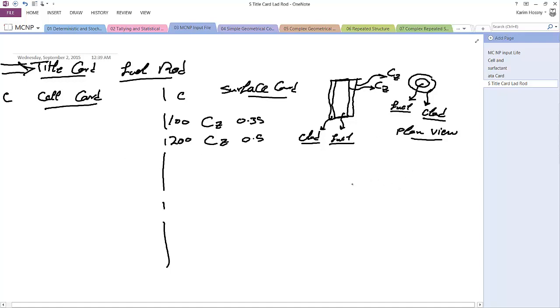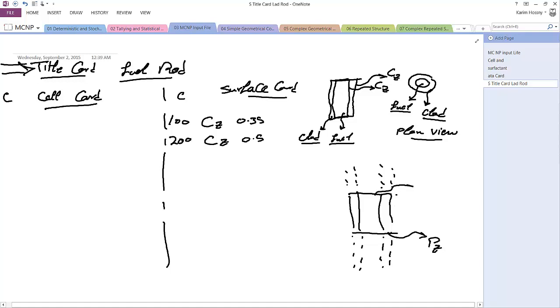Okay, now what I've done is that I have drawn two infinitely long cylinders. Then I need to close them like that, maybe with a plane perpendicular to the z-axis, and then another plane perpendicular to the z-axis.